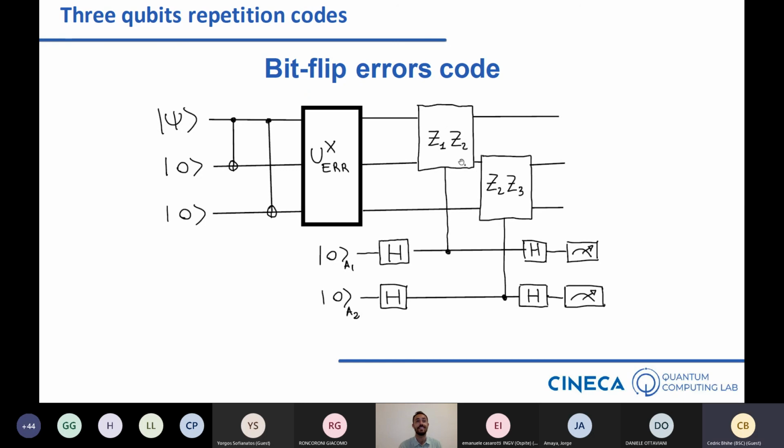That's what I know. I don't know much more about error correction than this.